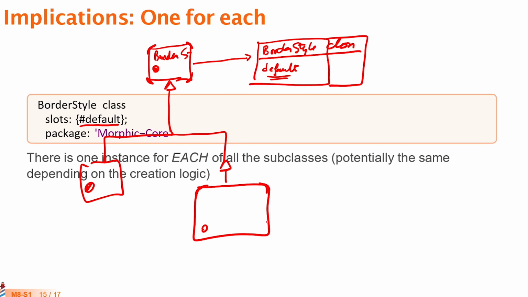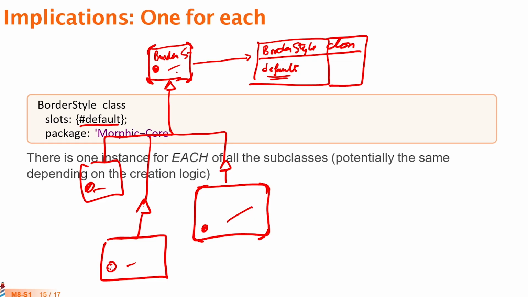But I draw them round to stress that they are objects. So every class in the hierarchy, this means that this class and this one have different values in the instance variable default that they have, because they are objects, in fact.